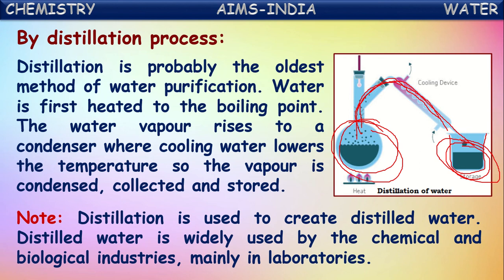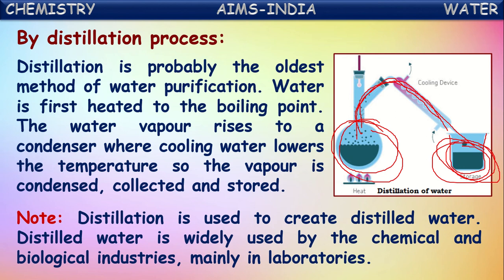Distillation is used to create distilled water. Distilled water is widely used by chemical and biological industries, mainly in laboratories. So remember, this distilled water is not suitable for drinking because distilled water contains no impurities in it. Impurities in the sense it contains no other substances.